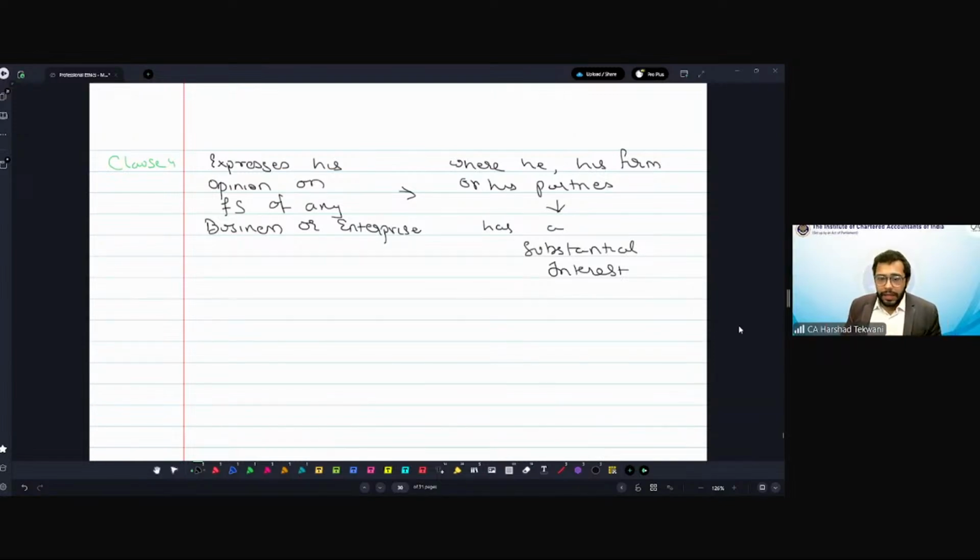The term substantial interest is used in Appendix 9 of the CA regulations, or you can say Appendix H of the CA regulations, which talks about what is substantial interest.